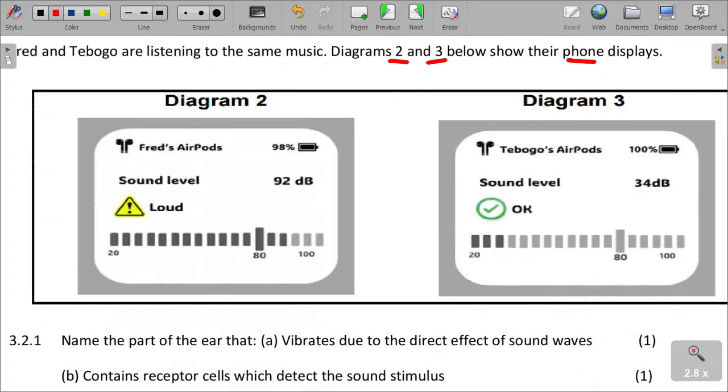So we are given here diagram 2, for a disposed AirPods 80% battery, 98 sound level, 92, loud is danger. It shows danger here. And then we are seeing here AirPods 100% battery, sound level 34 decibels, and then it is okay.